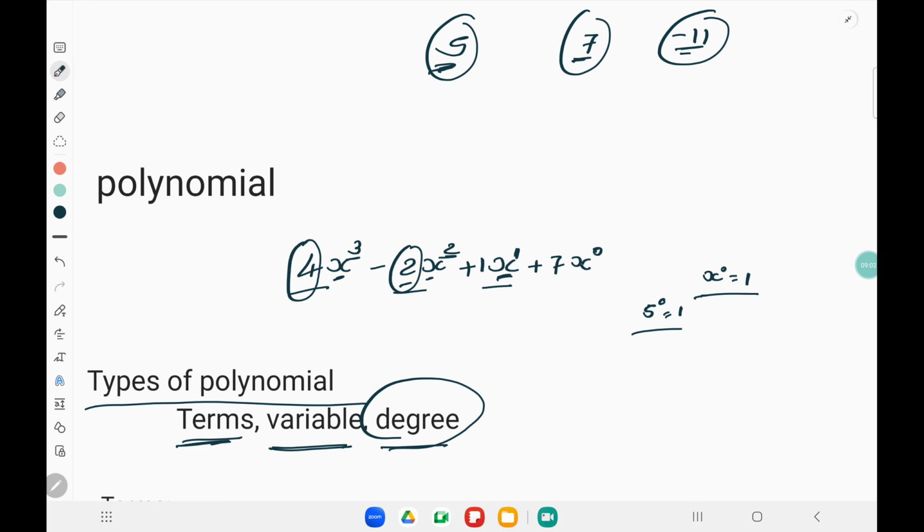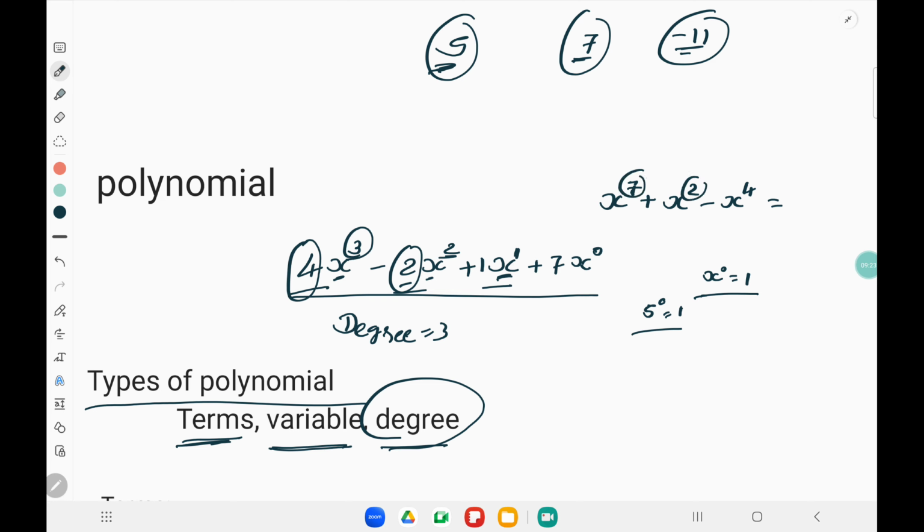So remember this. Here, what is the highest power? 3. So this polynomial has degree 3. If I write x to the power of 7 plus x square minus x to the power of 4, here we only check the power: 7, 2 and 4.